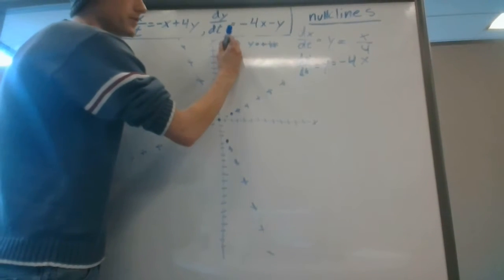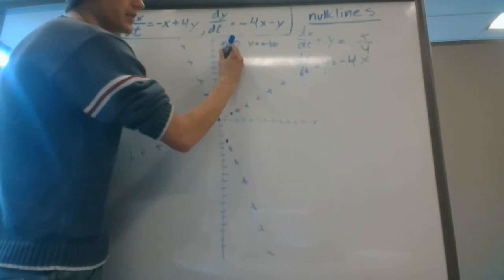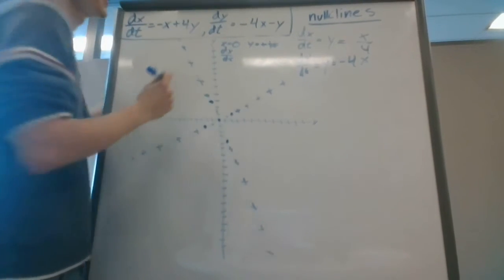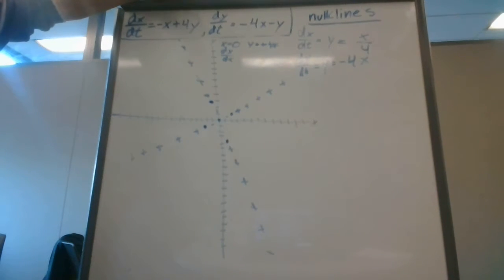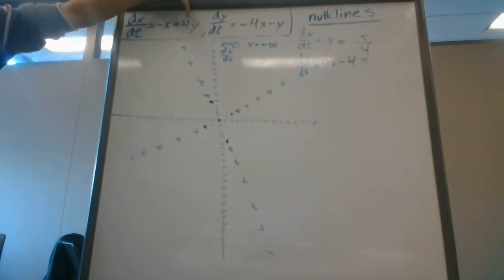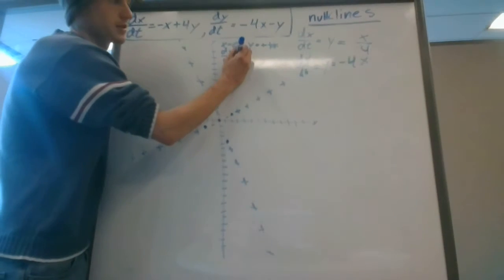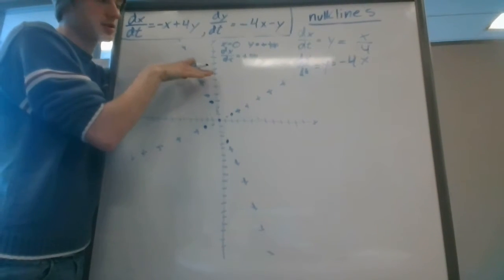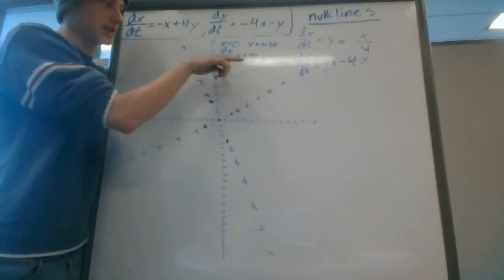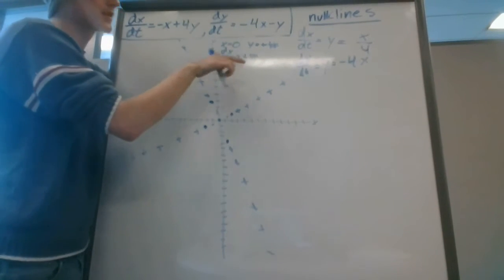Okay, so the derivative dx over dt: x equals 0, so this goes away. So then we have dx over dt equals 4 times a positive number, which is a positive number. So dx over dt is positive. This means that when the spiral crosses right here, it's going to be heading in the positive x direction.